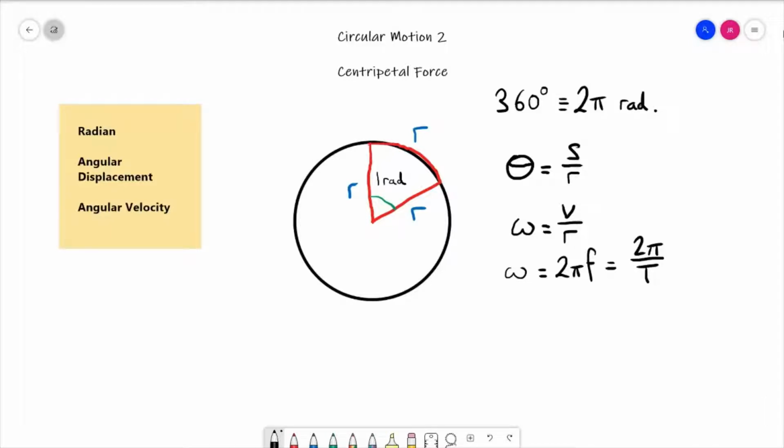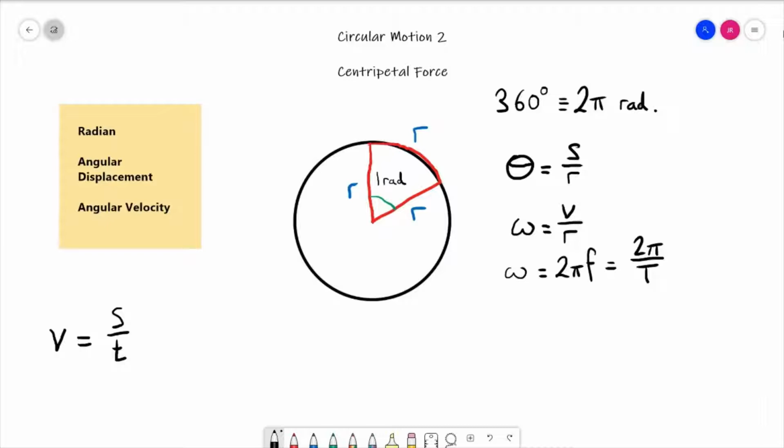Now before we move on to centripetal force itself, I just want to have a quick look at a different way of looking at the equation for omega. If we go back to basics, we know that velocity is displacement over time, or if we go even further back we can say that speed is equal to distance over time.